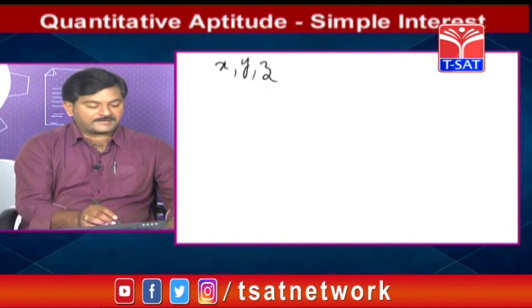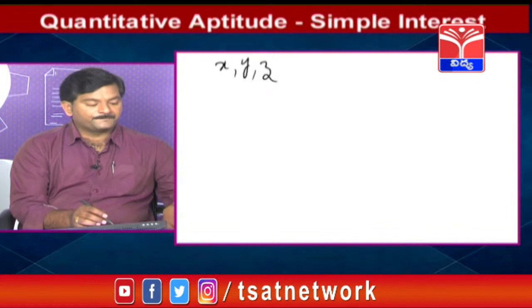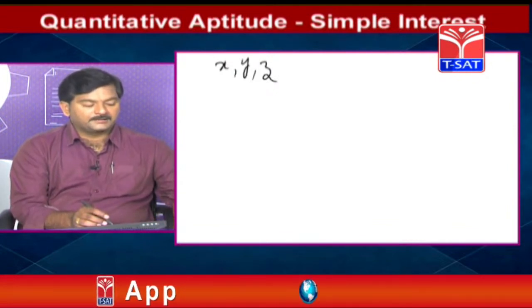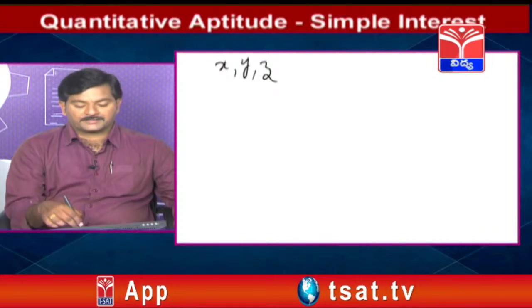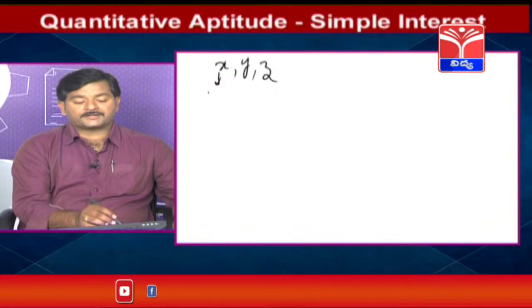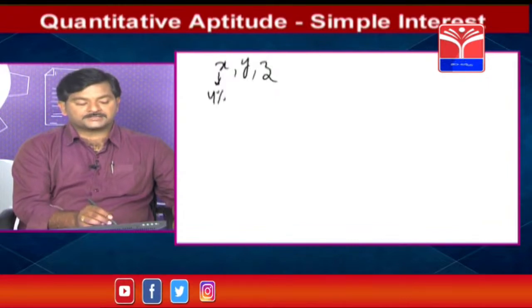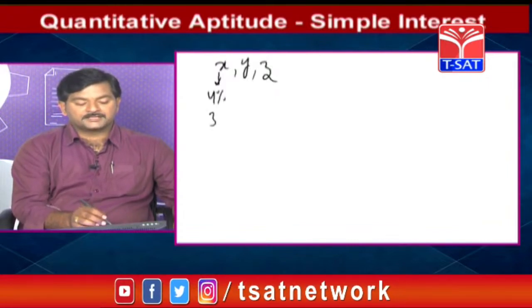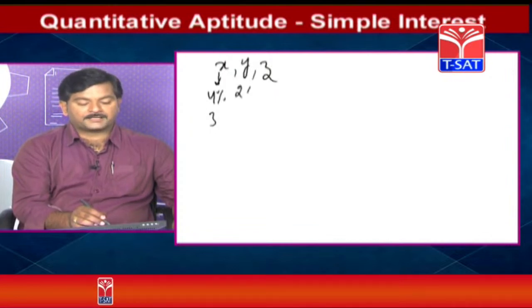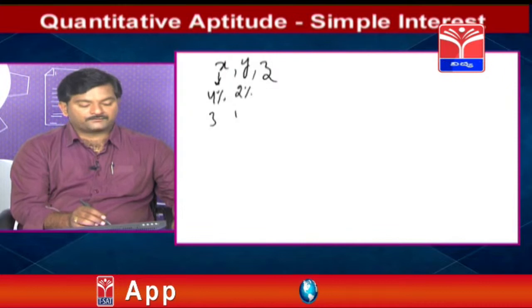So X value, this is for how many, what we can say, it is clearly what rate of interest, 4%. So here rate of interest is equal to 4% for how many years, 3 years. Here rate of interest is equal to 2%, right, clearly for how many years, 4 years.